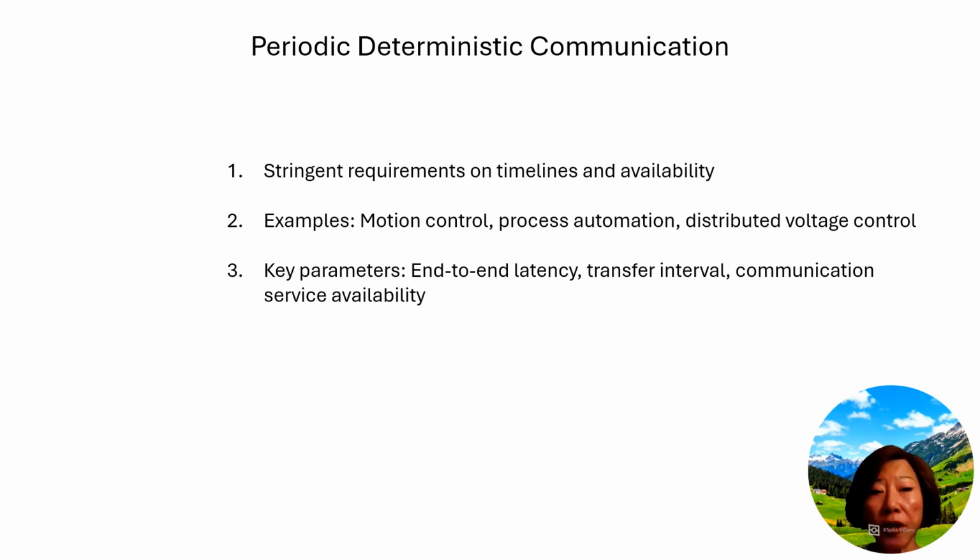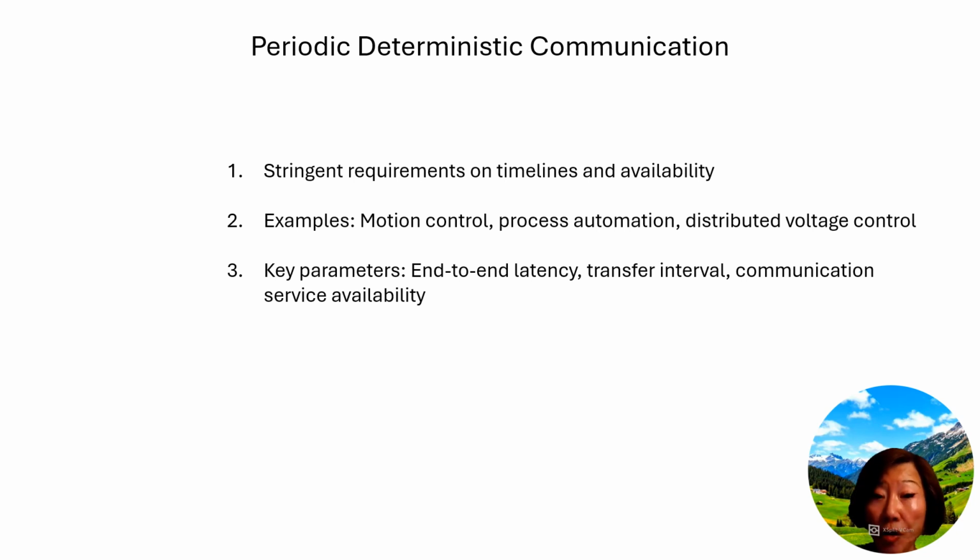In periodic deterministic communication, the transfer interval is a critical parameter. For motion control applications, this can be as low as 500 microseconds. The end-to-end latency must be less than this transfer interval to ensure that each cycle of the control loop completes before the next one starts.